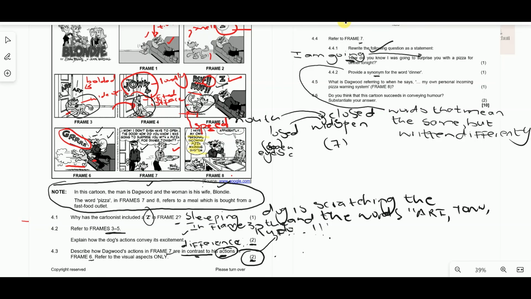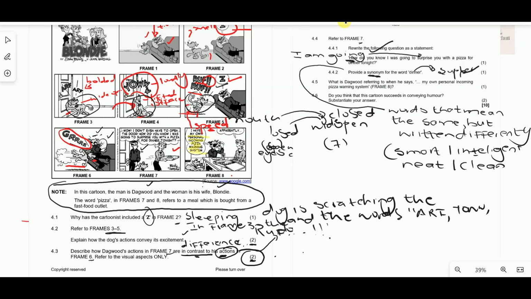Okay, for an example, if I don't want to say you are smart, I can say you are intelligent. If I don't want to say someone is neat or the place is neat, I can say the place is clean. This is what we mean by what? Synonym. Words that mean the same but they are written how? Differently. And of course, if I don't want to say dinner, what I can say is what? Supper. Then we collect your mark.